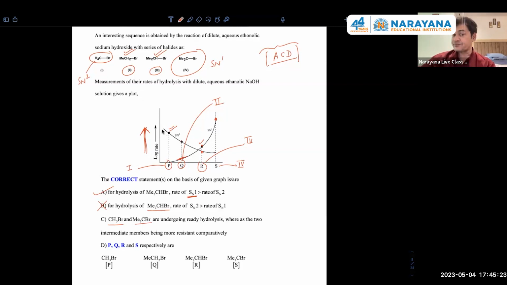As per the graph, for P compound the rate of hydrolysis is faster, and for S compound the rate of hydrolysis is faster compared to the remaining two, Q and R, whereas the two intermediate members are comparatively more resistant. This one is extremely high SN2, that one extremely high SN1, and the remaining two are intermediates, so they are more resistant. That is why statement C is also correct. And PQRS are these compounds. Yes, absolutely correct. So the answer is ACD.